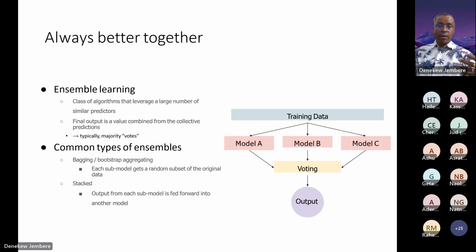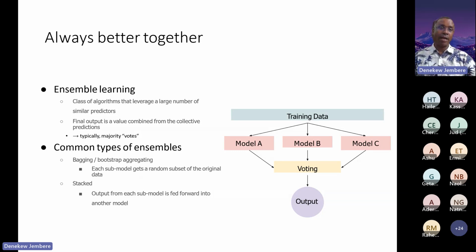And the other approach is the concept of ensemble learning. Ensemble learning is most commonly used when you want a model that learns more about the entire data set.